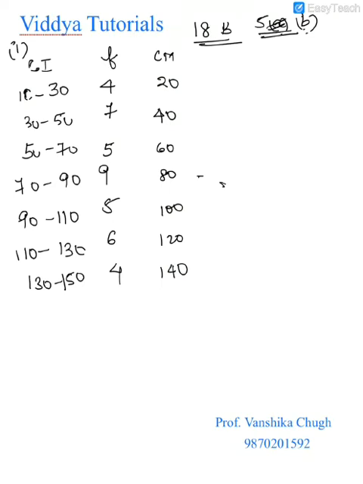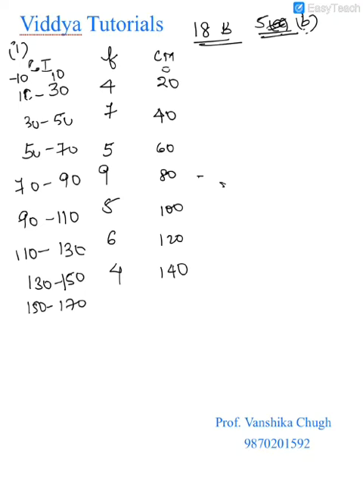Now for a frequency polygon, we need a class interval before the first one and after the last one. So the one after the last one is easier. So it is 150 to 170. My class size is 20, and previous this will be 10. And if I have to reduce 20 from this, I will get minus 10. So my class mark becomes 0.